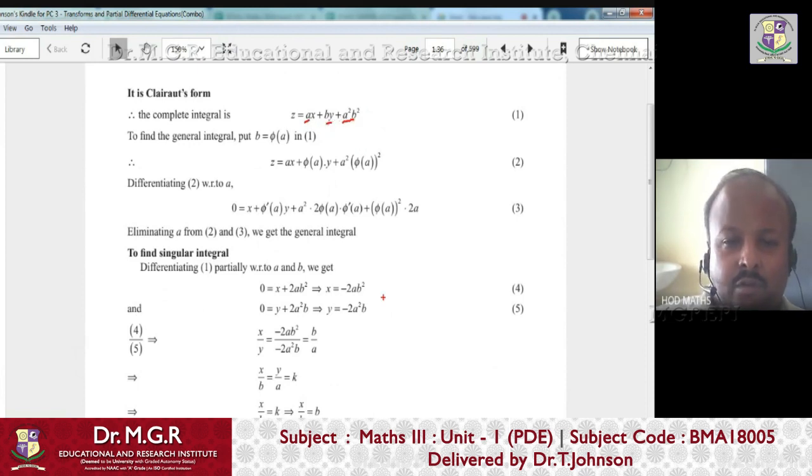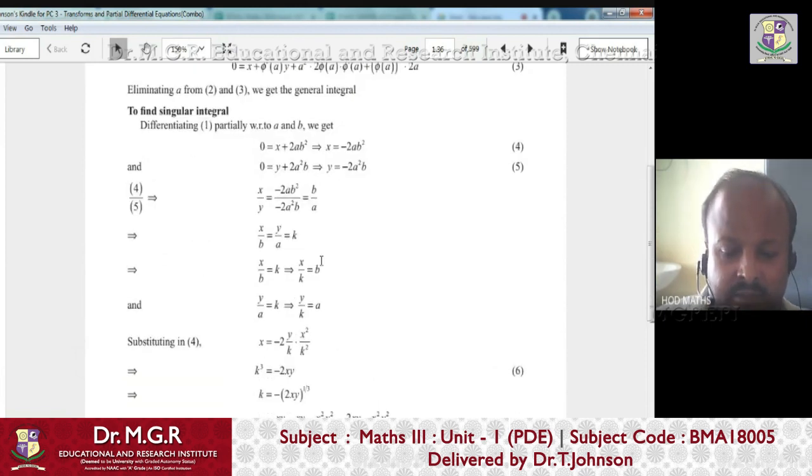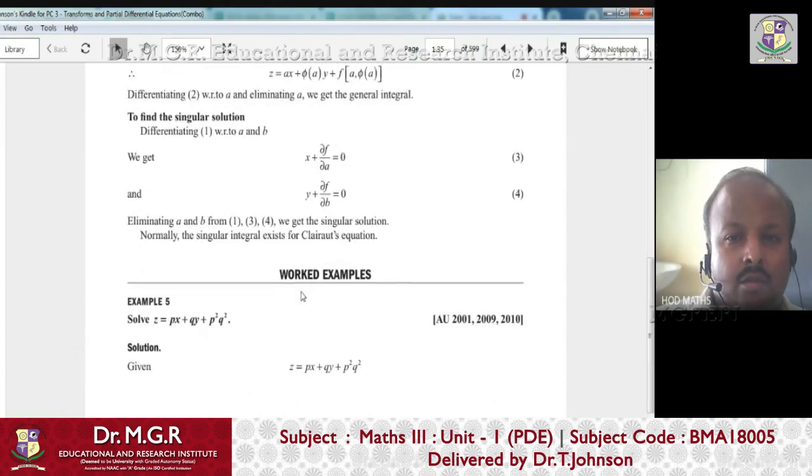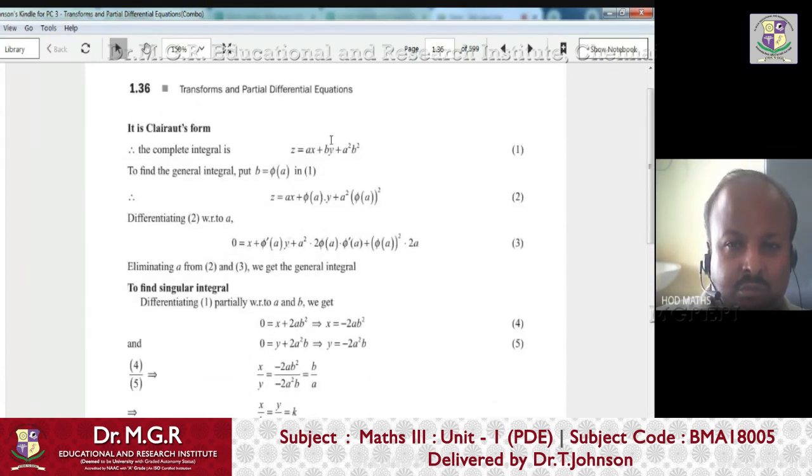After you found using this relation, in place of k you substitute this value. Here also in place of k, you substitute this value. After substituting, substitute the a value and b value in the original complete solution.